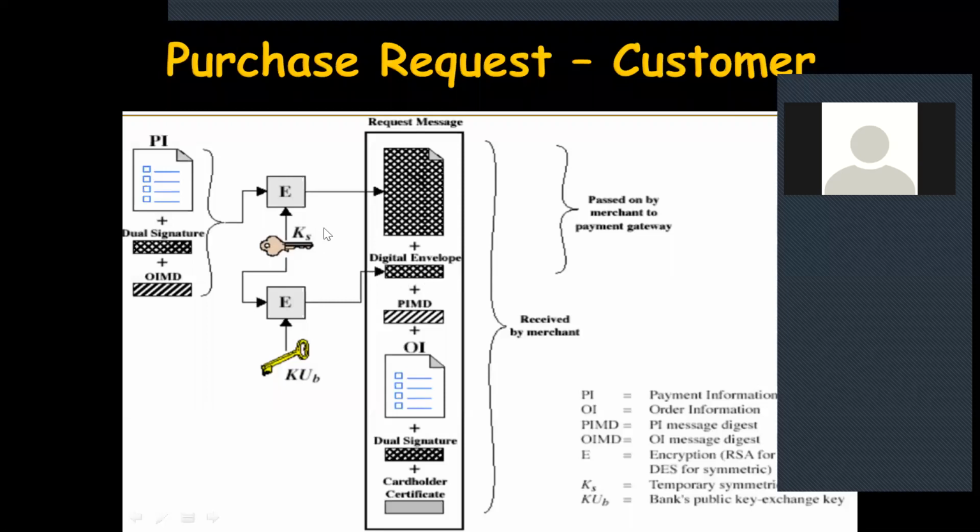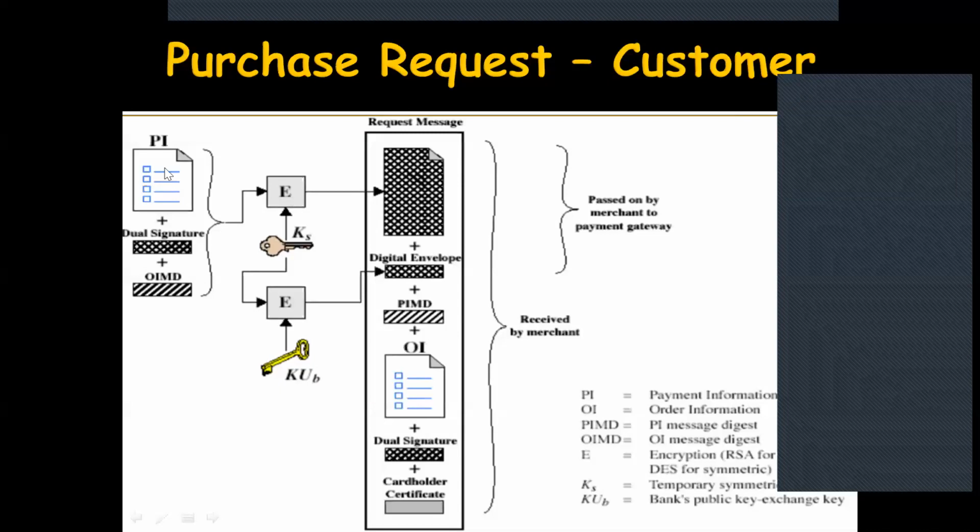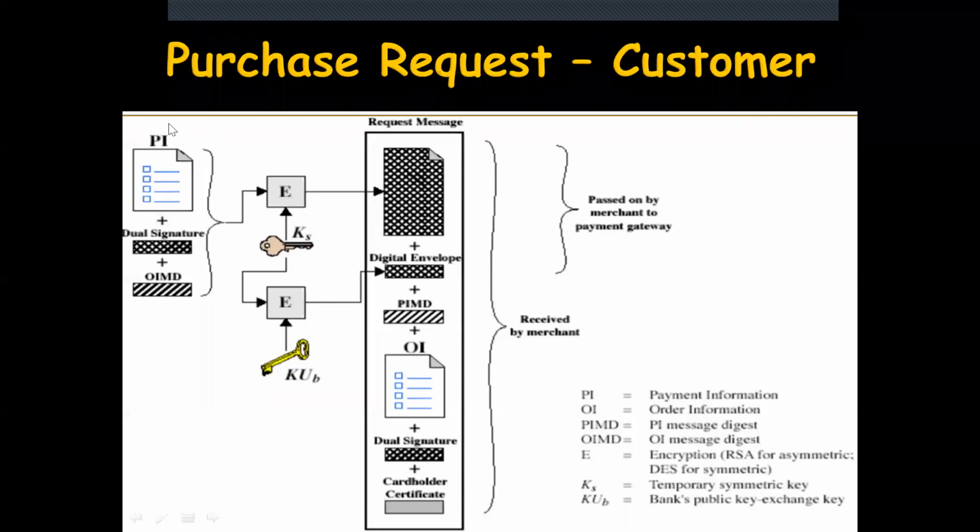This KS key is encrypted and resides in the digital envelope, and the PI, dual signature, and OIMD are encrypted with it, generating the encrypted message. At the user side, the user produces all those things.